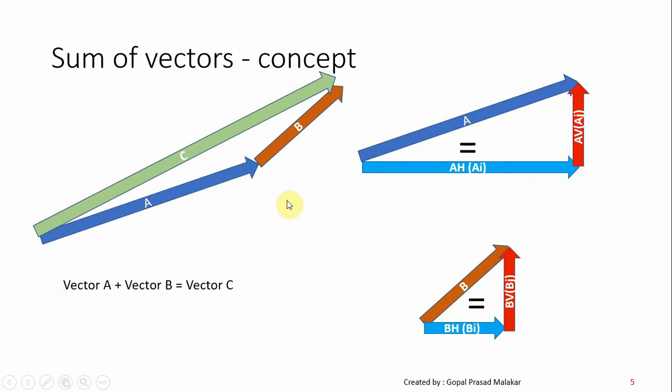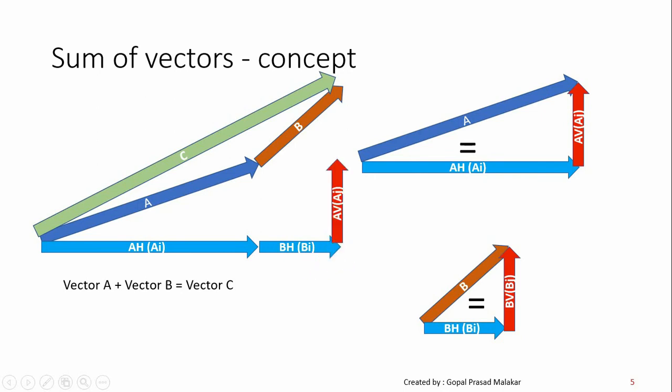Now if you think of vector A plus vector B equal to vector C, that's what you are doing. Or you can also say that Ai plus Bi is giving you the horizontal component, and Aj plus Bj is the vertical component.